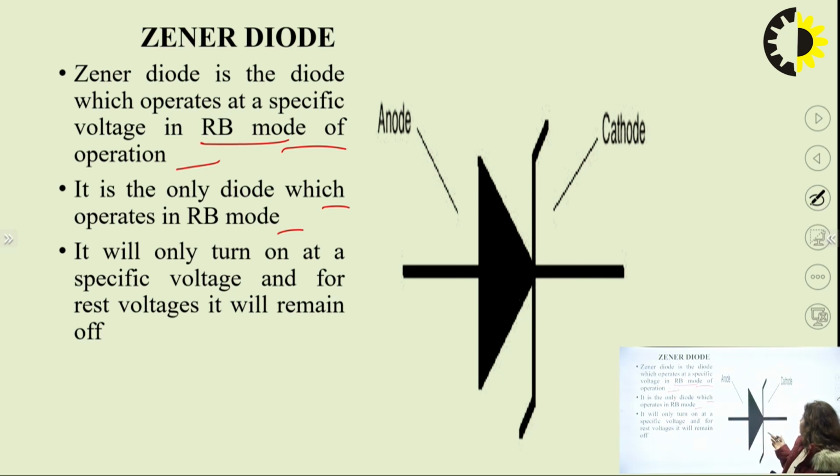So the symbol of the Zener diode is the same as the PN junction diode. There is a Z type of symbol on the cathode side and the anode side is similar to the PN junction. So this is your positive terminal, this is your negative terminal. These types of Zener diodes are basically used in various applications where we want to use the Zener as a voltage regulator. You can implement voltage regulation techniques using Zener diodes.